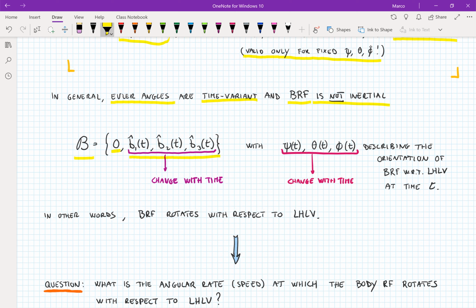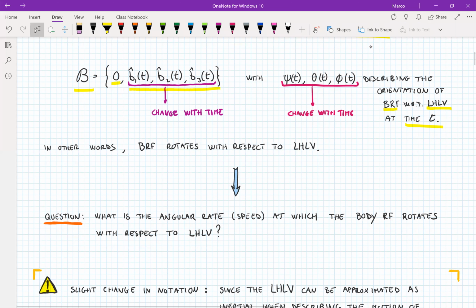And consequently, the Euler angles psi, theta, and phi are also functions of time. The orientation of the body reference frame with respect to the inertial frame of reference changes for different times t. So in other words, the body reference frame rotates with respect to the inertial frame of reference.